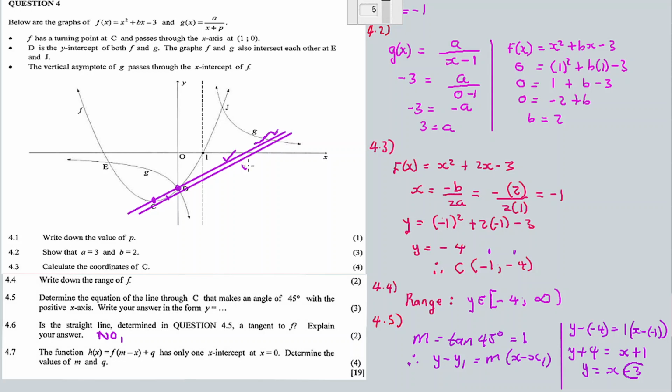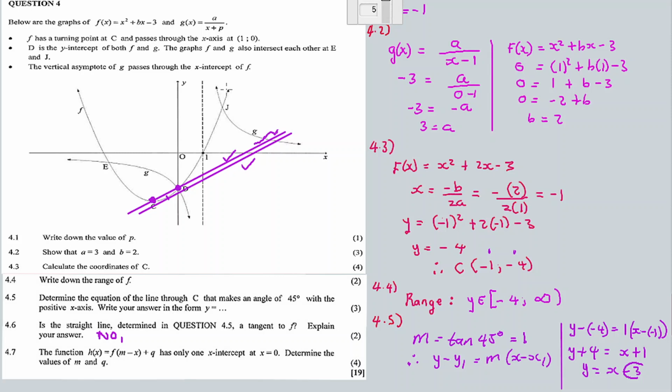The line below is a tangent, but the one in 4.5 is not a tangent because it cuts f twice, at C and at D. How do I know it passes through D? It's because the straight line has the same y-intercept as f. So it touches the curve twice.